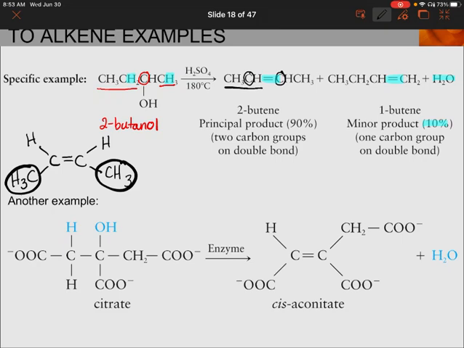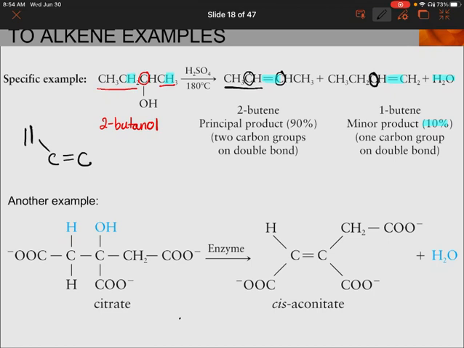But let's look at 1-butene and compare. If we draw out 1-butene, on the left-hand side, we have a hydrogen and an ethyl group. On the other side, we have two hydrogens. So there's really only one carbon group bonded to the double bond, which makes it less stable.